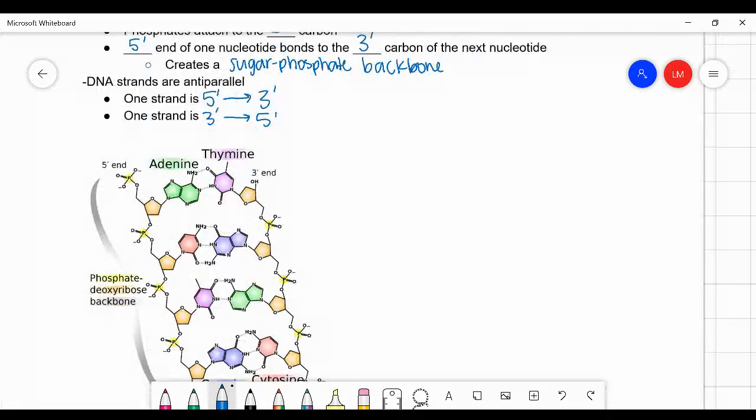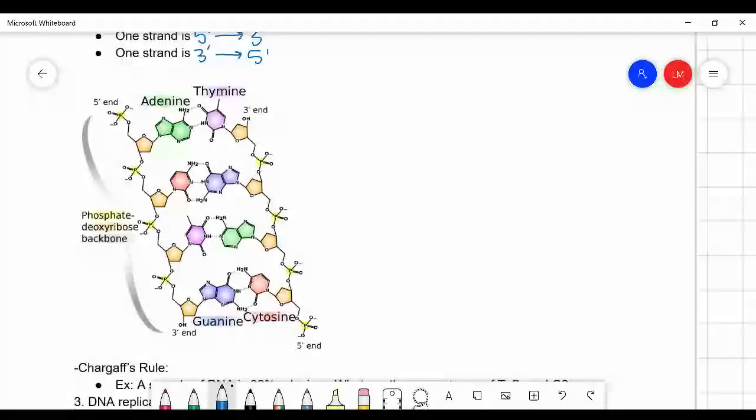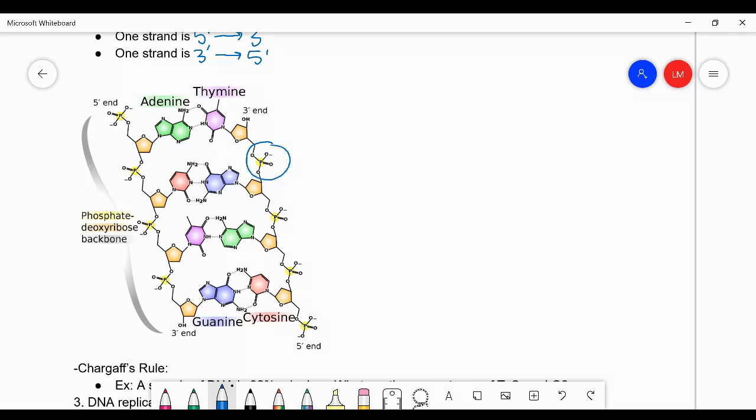So let's look at this diagram of DNA. So I can see that these purpley ones are thymine, green is for adenine, bluish is for guanine, and red is for cytosine. This segment right here is the phosphate. And this portion right here is the sugar.